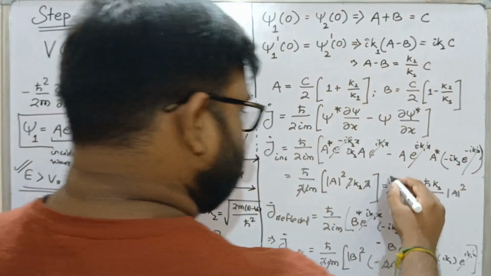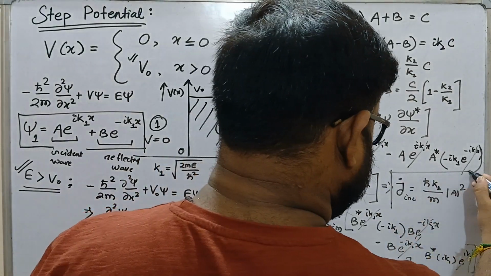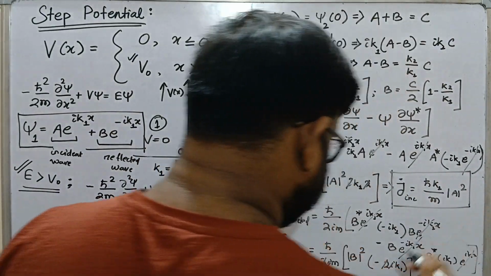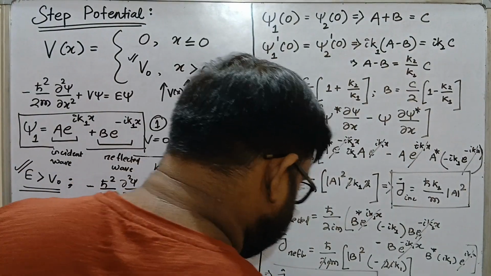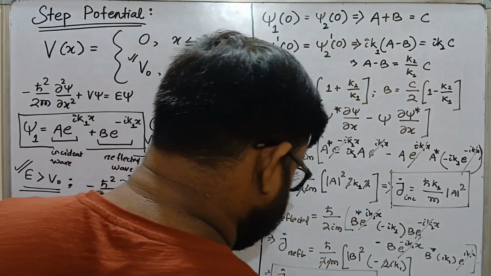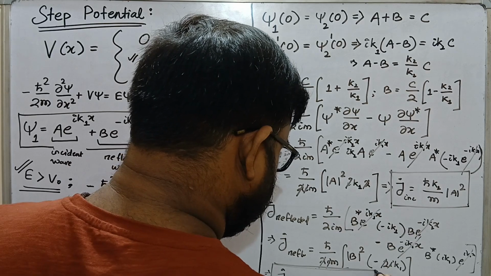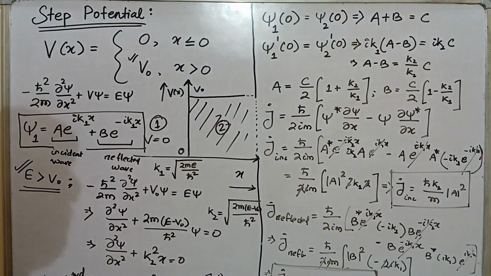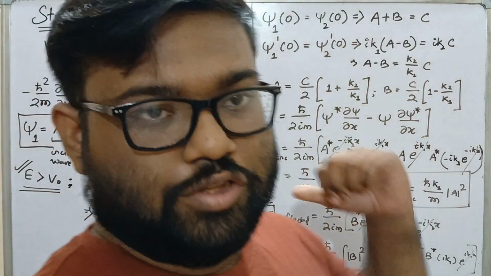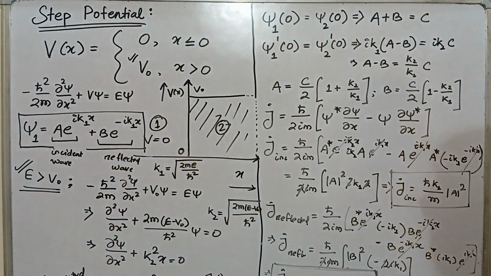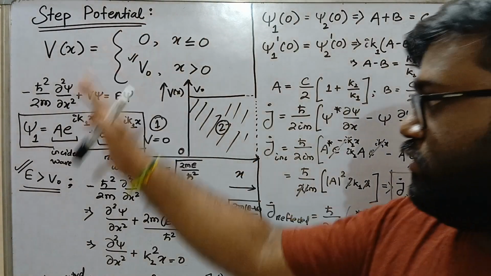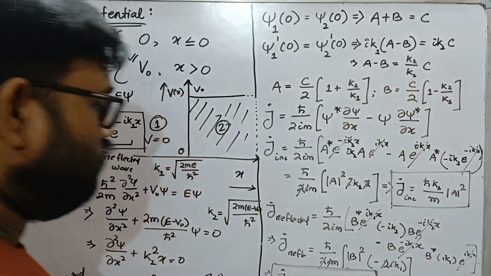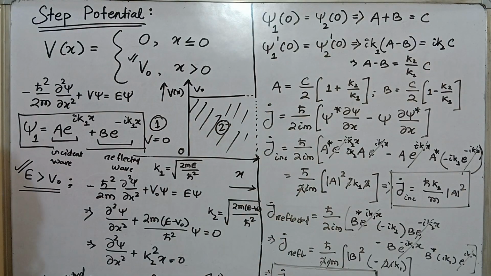I hope you understood this part, and you have understood this part. Okay? I hope you understood this part and this part. Now we have to erase this part so that we can go to the further derivations of it.